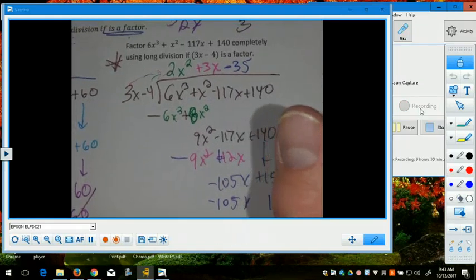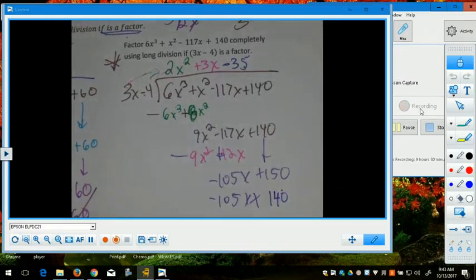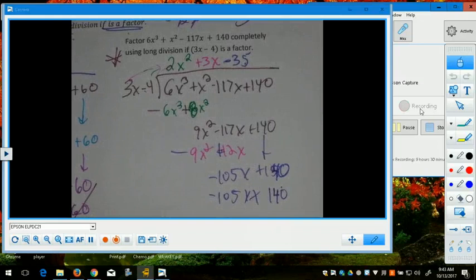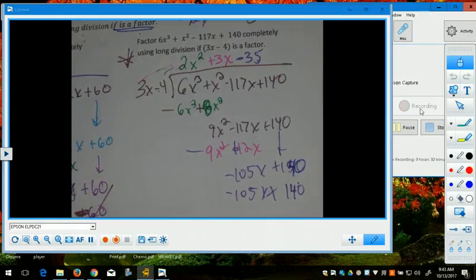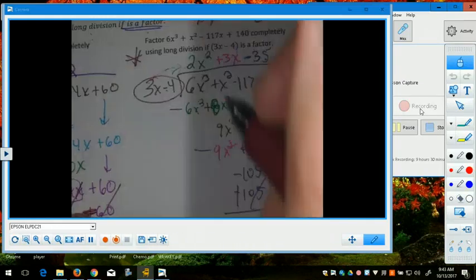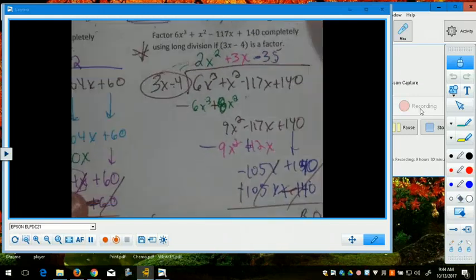Then this is negative 140, actually positive 140, because negative times negative. This was the 140, sorry. When I change the sign on the bottom, I get a remainder of 0, which means that this is a factor. It's our first factor of this dividend.